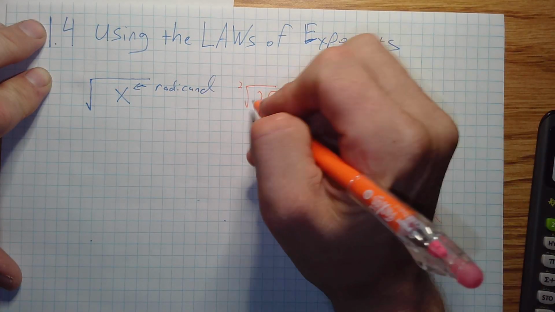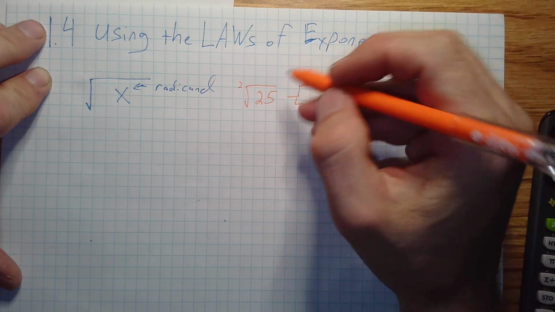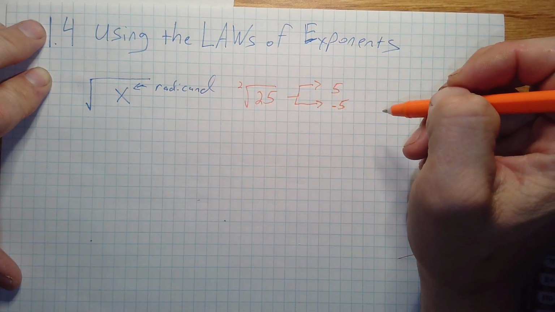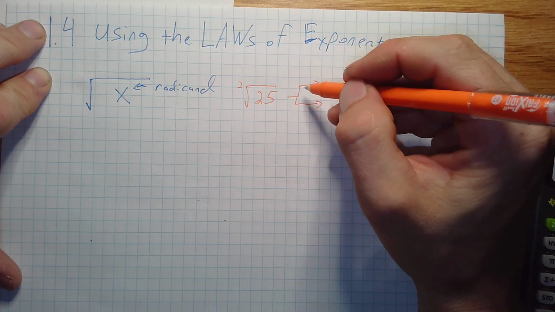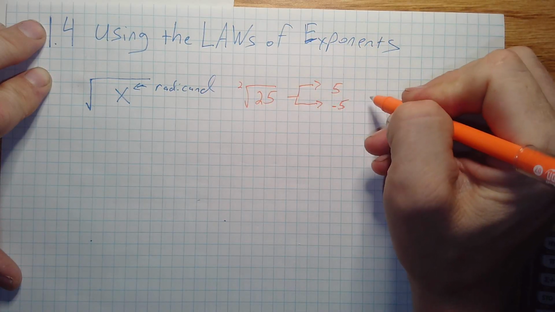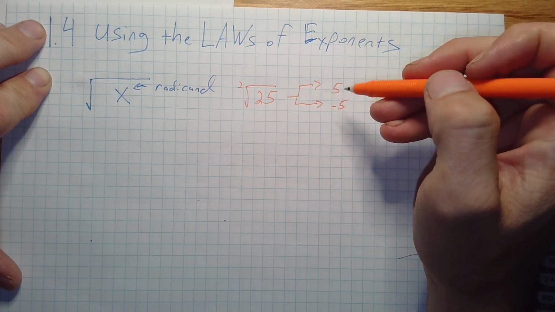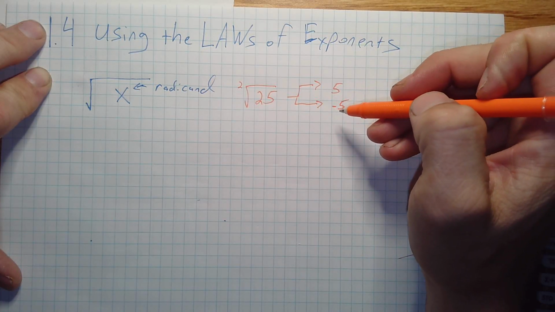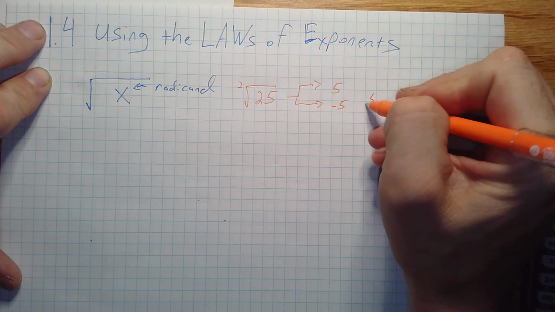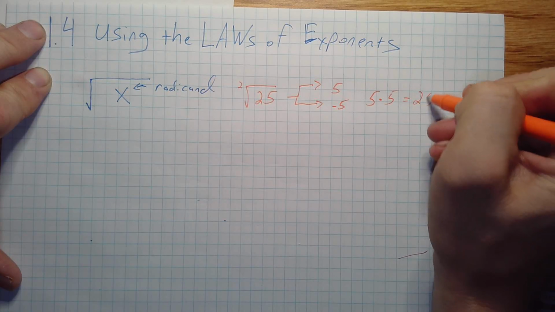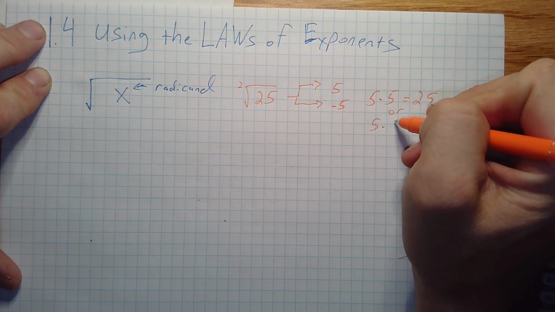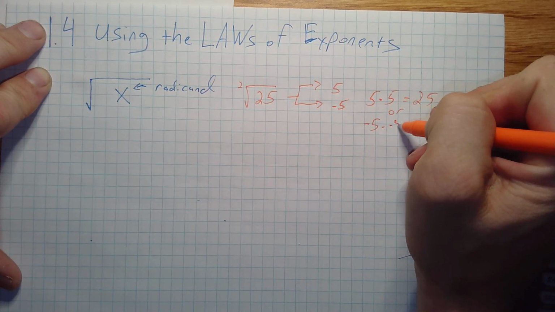The answer to this actually has 2 answers. 5 times 5 equals 25, or -5 times -5 equals 25.